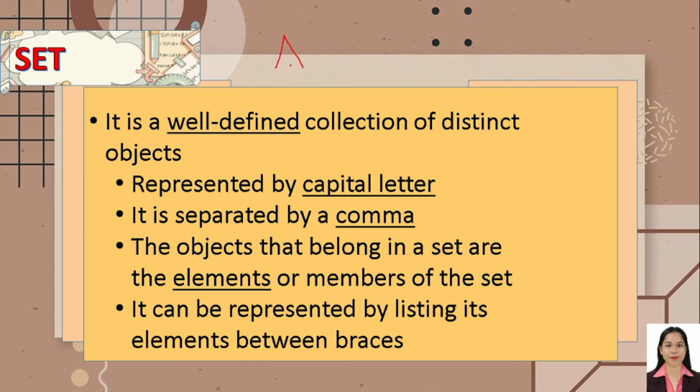Say, for example, set A is equal to, then we put braces, and we put the elements inside these braces, separated by a comma. For example, the vowel letters in the alphabet: A, E, I, O, and U. This is an example of a set.